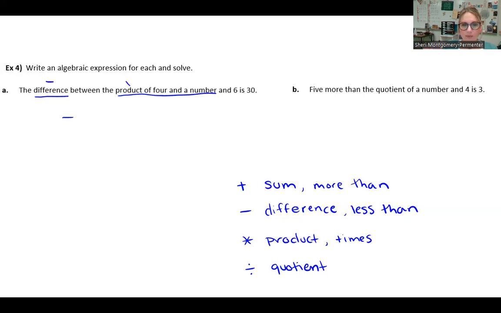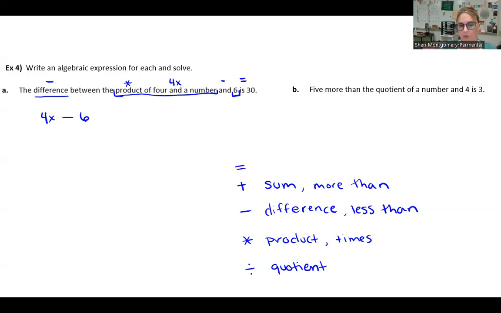So product means multiply, and we have 4 and some number, we could call it X, and 6. So we have two things that we're subtracting, 4x and 6. When you see the word is, it always means equals.